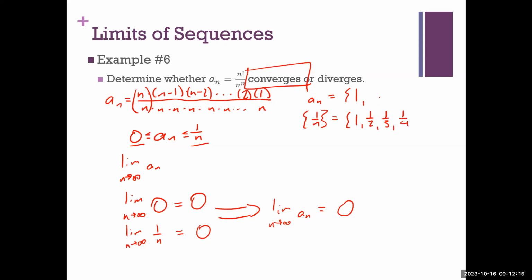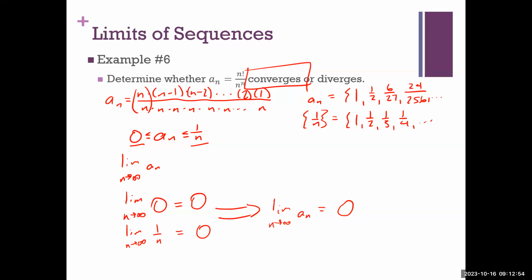What about 2 factorial over 2 squared? 1/2. What's 3 factorial over 3 to the third? 6 over 27. We get harder and harder, but let's do one more. 4 factorial is 24, and 4 to the 4th is 256, I think. So the first two terms are identical, right?